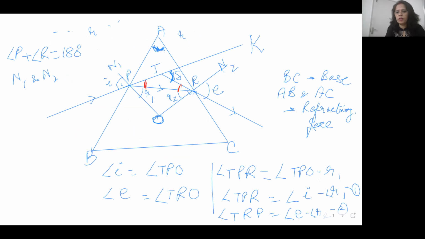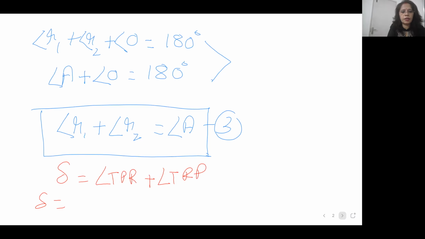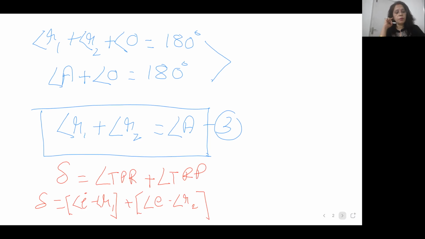Now what is TPR? Just now we have done this: angle I minus R1. So we write angle I minus R1 plus angle E minus R2. Now we have to put this value. From Snell's law, refractive index is equal to sine I upon sine R1.